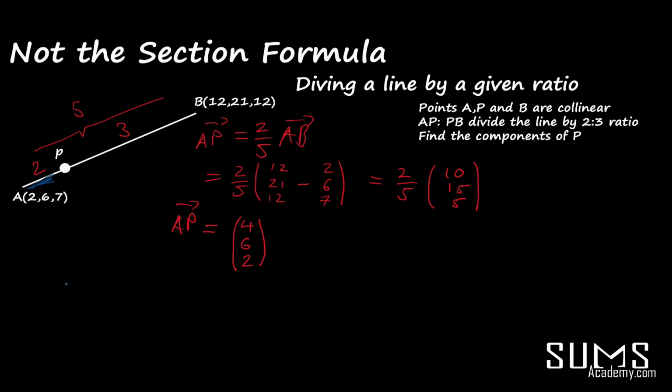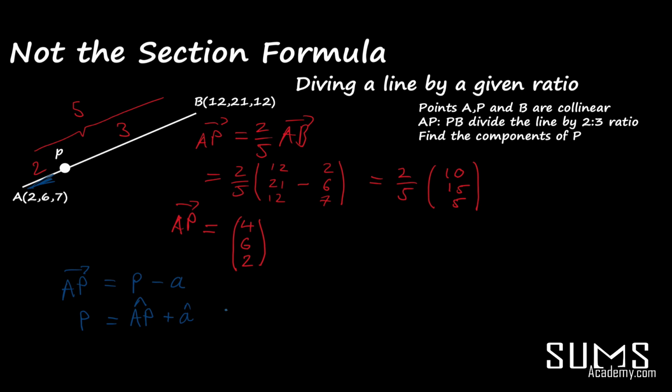We can say that AP is equal to P minus A. And we actually know the value of A, and we know the value of AP. So now we can just rearrange. So P is going to equal AP plus A.